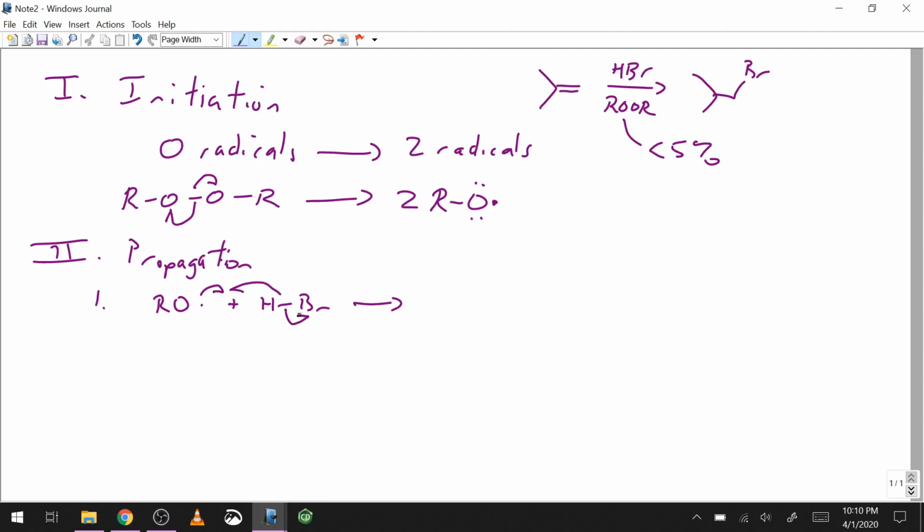Half of it's going that way, the other half is going the other way. So here's what I'm getting out of my oxide radical, my oxygen radical. It's going to give me an alcohol. Stable byproduct, basically gets out of the way at this point. My other byproduct, the useful piece that I'm going to need, is that this is how I generate the bromine radical that I'm going to use for the next step.